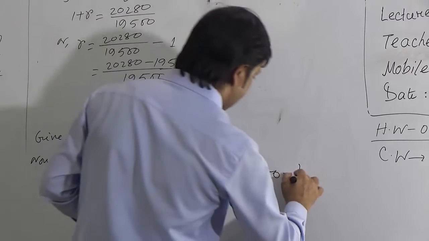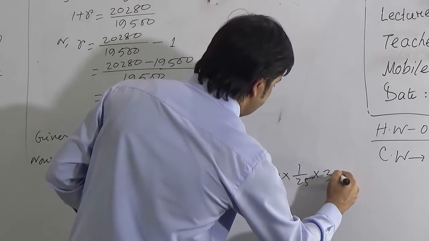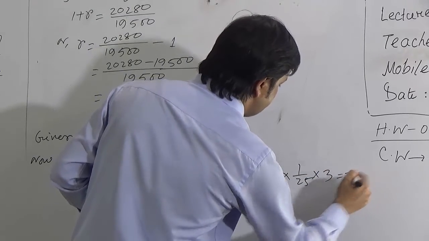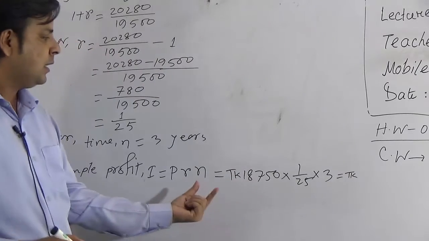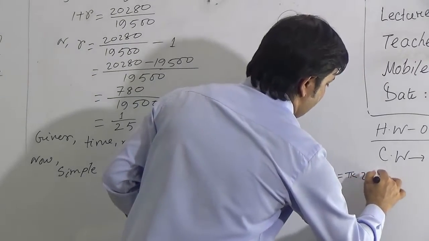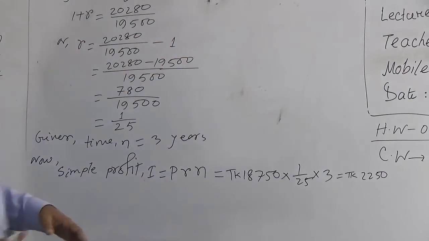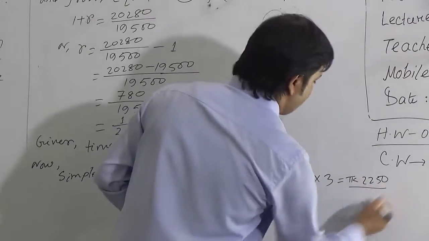The value of R is 1/25 and the value of N is 3. If you calculate here, you will get taka 2250. This amount is simple profit.